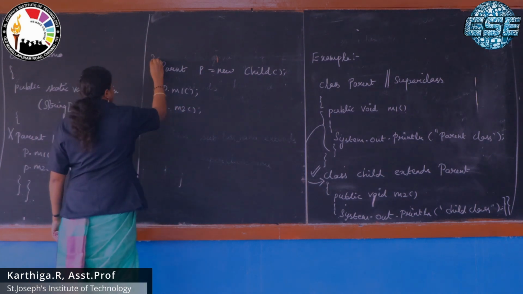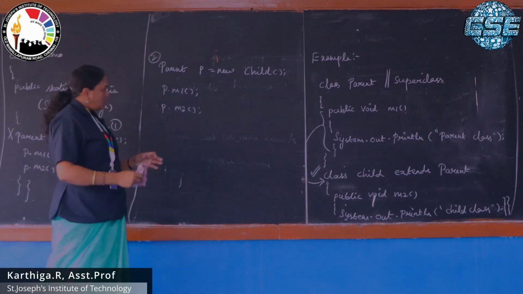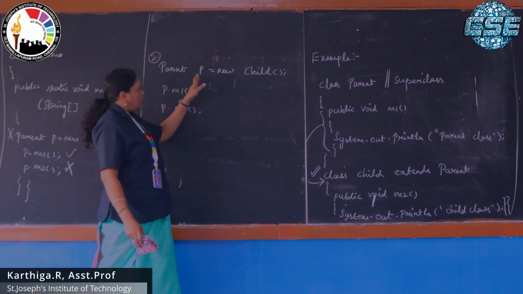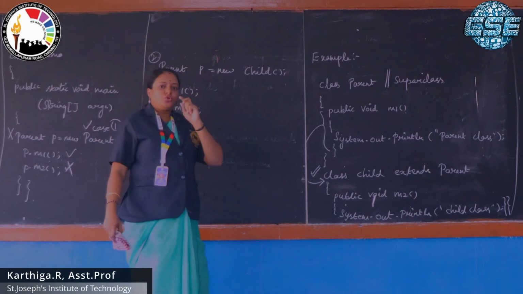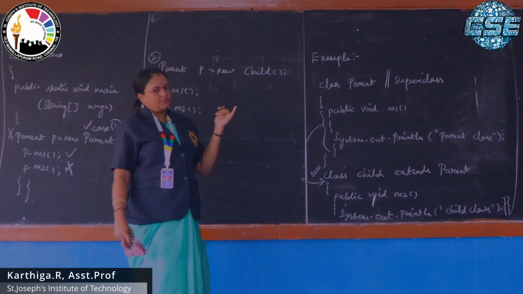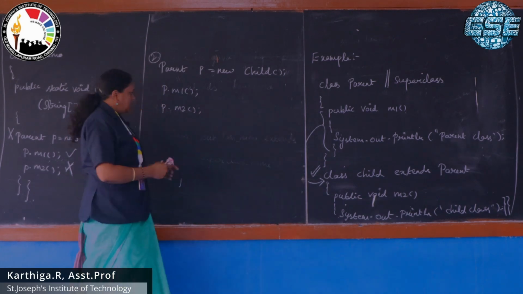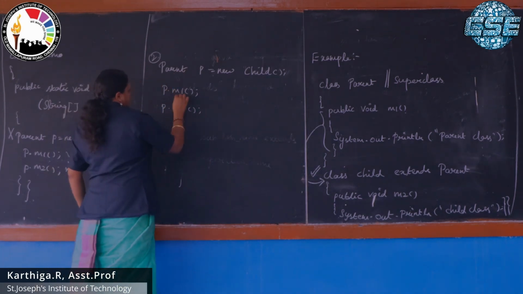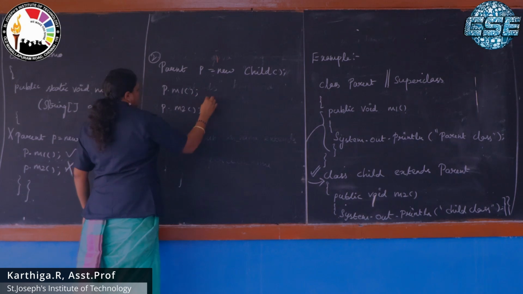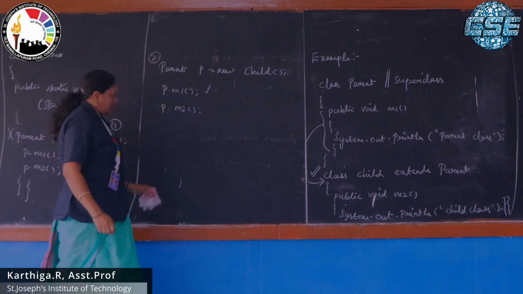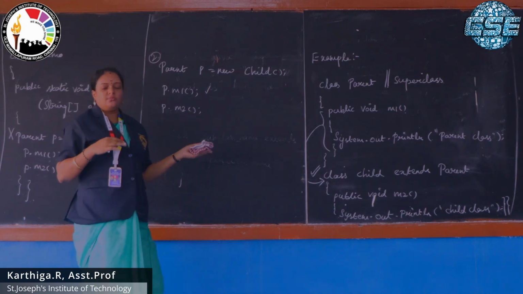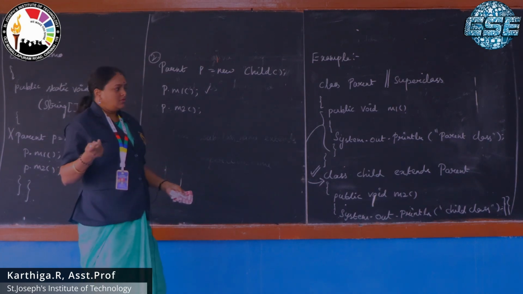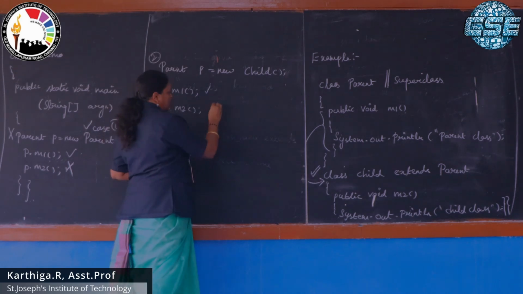This is case 2. Here, Parent p = new Child. Two classes are used here; is it correct or not? Using p.m1, this method will be correct. But what about method 2? Is it accessible or not? It is not accessible.